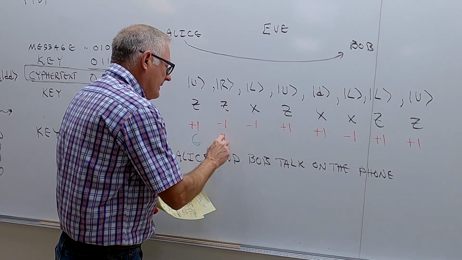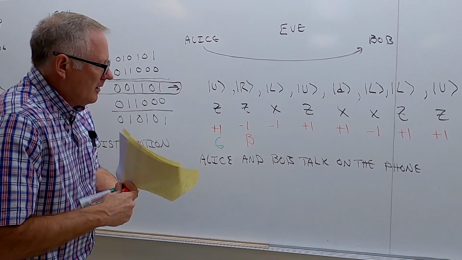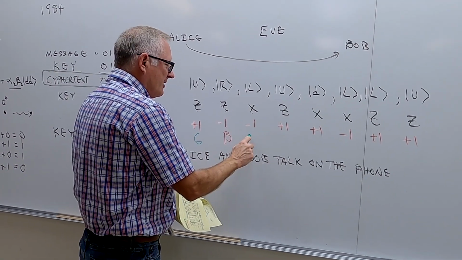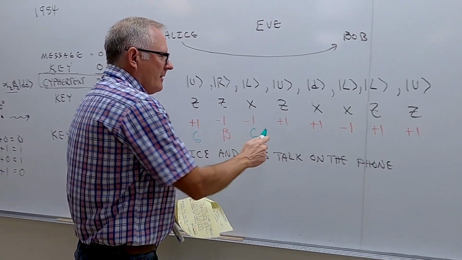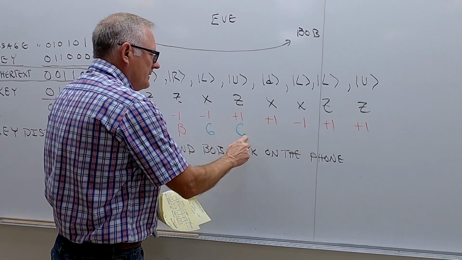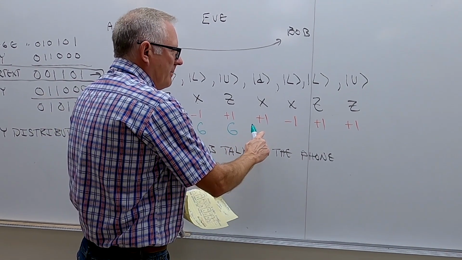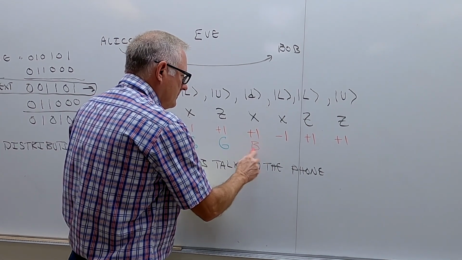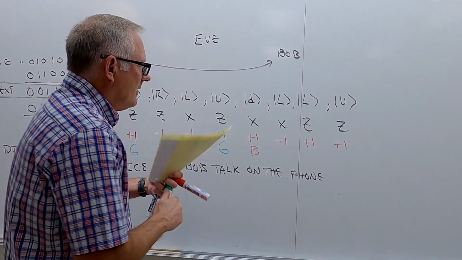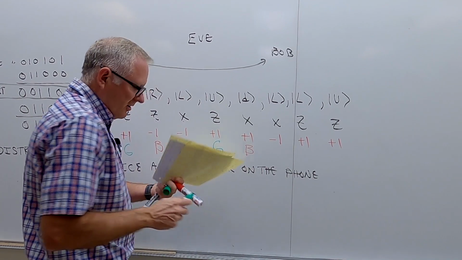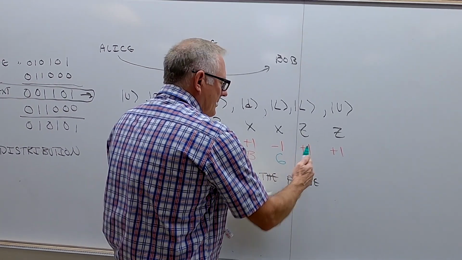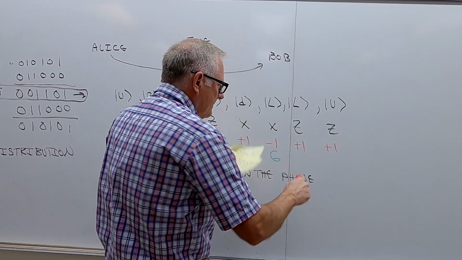That was a bad measurement. This one right here, it's in the X, and for the L, that's a good measurement. This one right here, that's a good measurement. This one, that's a bad measurement. This one over here, that's a good measurement. That's a bad one. And the last one's a good one.